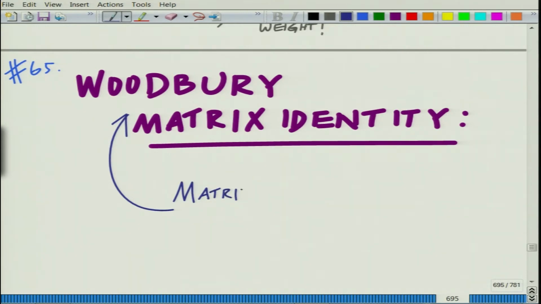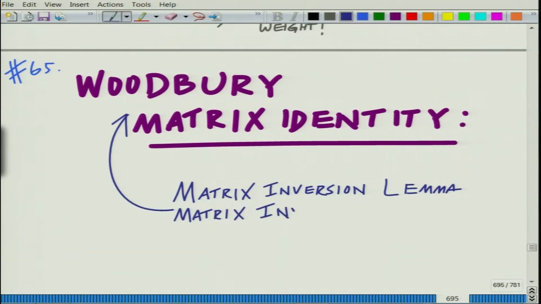This is also known as the matrix inversion lemma, or the matrix inversion identity, or the matrix inversion rule, property, and so on. But these are the two popular names, the Woodbury matrix identity and the matrix inversion lemma.